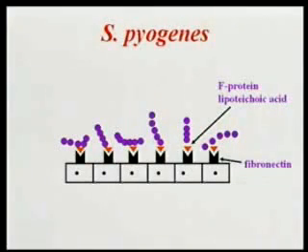Take, for example, Streptococcus pyogenes. Again, here's a case where we see the epithelium, and we see fibronectin, not fibrinogen, fibronectin stuck on the surface of these epithelial cells. That, in this instance, would be the receptor, if you like. And then the Streptococcus has a particular protein called an F protein, or fibronectin binding protein.